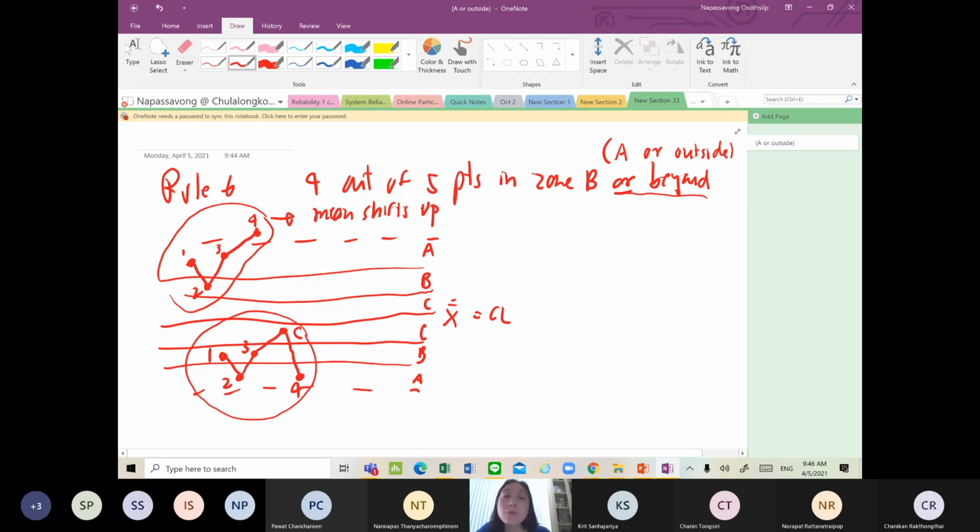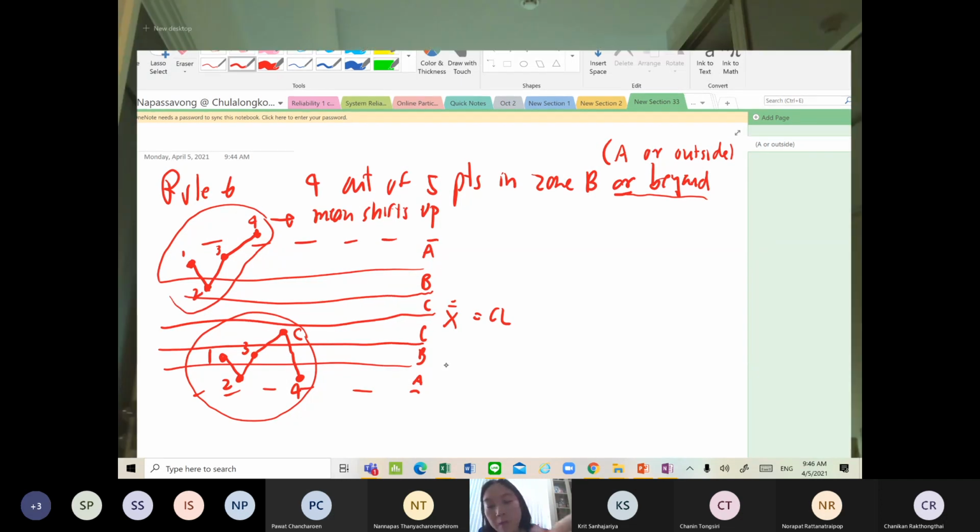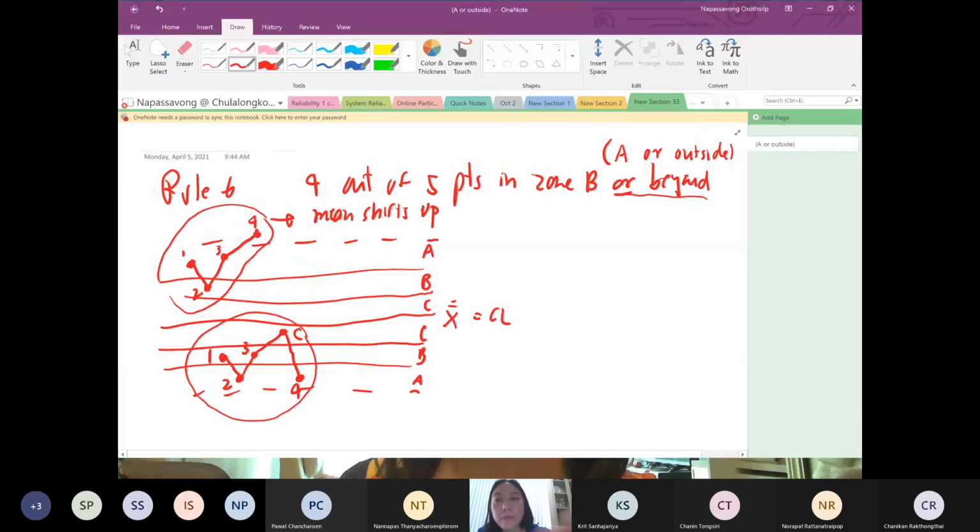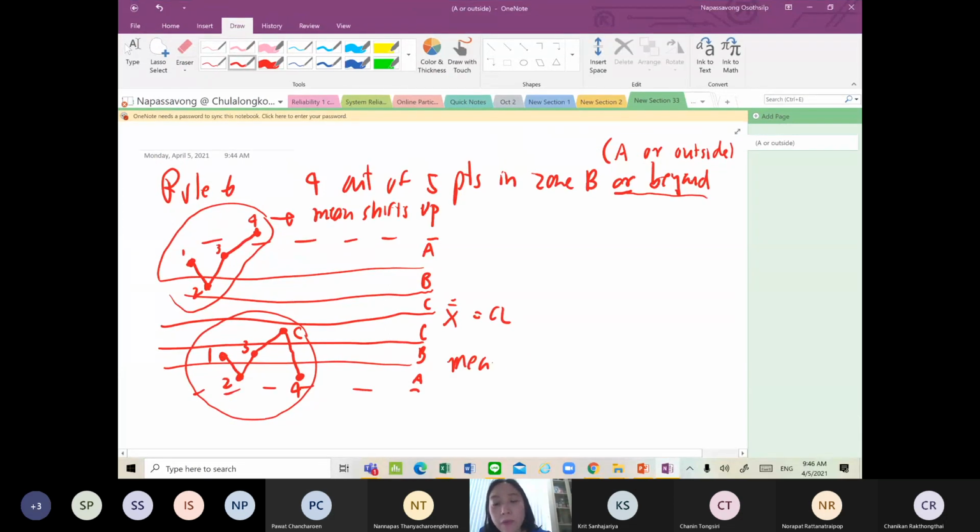So it also violates this rule. Because this pattern appears on the lower side, you will interpret that the mean of the process shifted down, where the earlier one was up. So this is rule number 6.